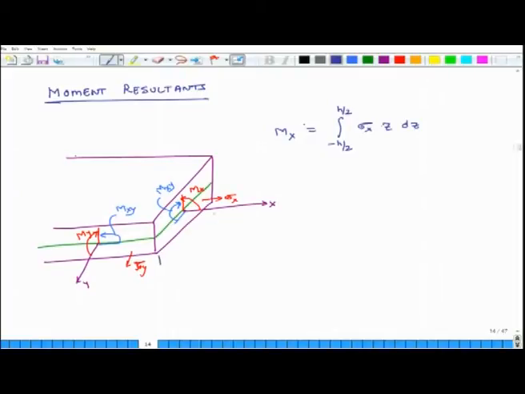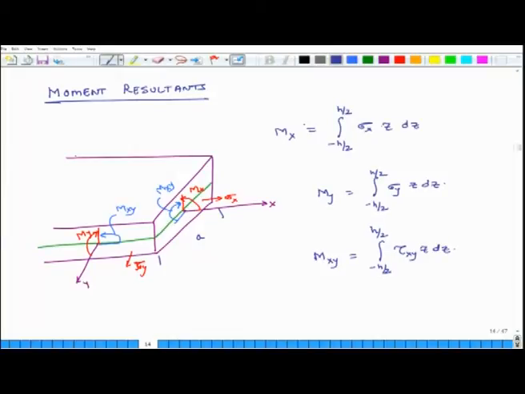Suppose I multiplied this by the entire length A, then it will be the actual moment. Similarly, my is the integral from minus h by 2 to h by 2 of sigma y z dz, and mxy is the integral from minus h by 2 to h by 2 of tau xy z dz.